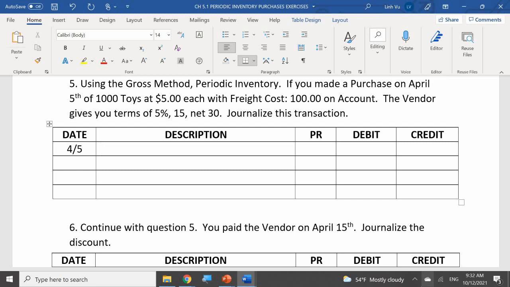With a purchase expense of 5,000 and the freight cost of 100.